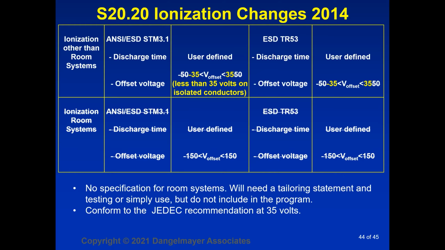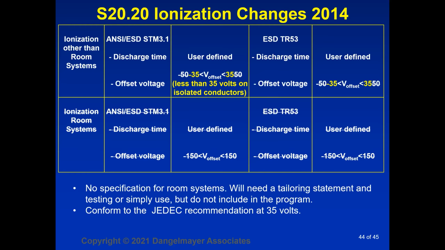But a room system ionizer that's adjusted for 35 volts is not going to work very well. So what do you do? Well, you could put a tailoring statement in your S2020 ESD control program that would say something along the lines that the room ionization will be used in conjunction with local ionization to assure that the 35 volt limit is not exceeded.